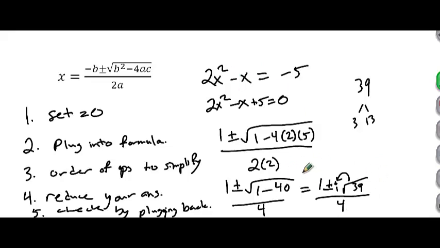What I would do, if I wanted to, is I probably would write 1 plus i root 39 and then divide that by 4 in my calculator, and then I would use the store button or use the answer button. So answer squared minus answer, and show that that equals negative 5.